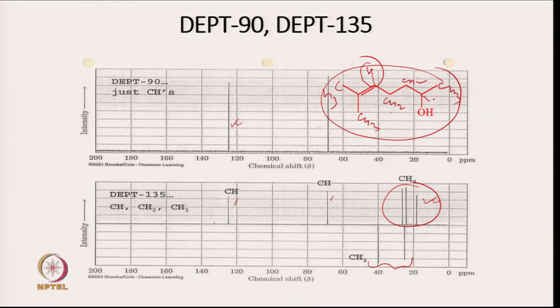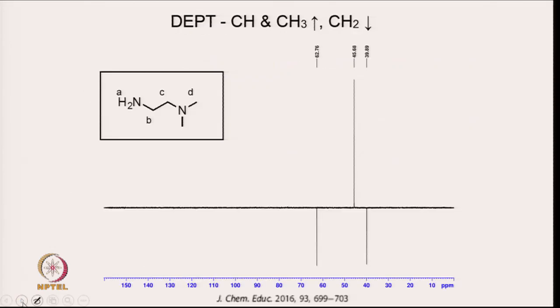There is one H here also. So, there are two CH groups, and so you are getting two peaks corresponding to CH, and you have 3 CH3 groups, and so you got three peaks for CH3 and two peaks for CH2. Based on that, you can assign different carbons.